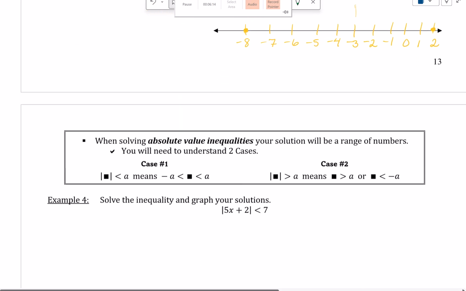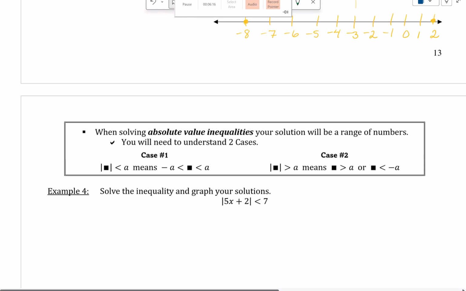All right, so let's look at it with absolute value inequalities. So there's two different cases that can happen. We're still going to do the opposite, but case 1 is that if the absolute value all by itself is less than a number, then that is going to be a conjunction, where it's two cases of and.